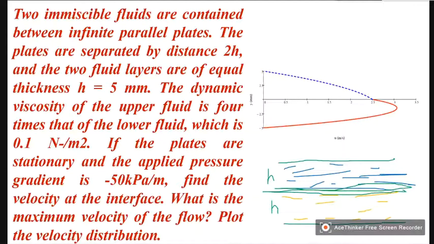So the dynamic viscosity of the upper fluid is 4 times this. So this is having some viscosity. I can call this as mu1. You do one thing. You derive it using mu1 and mu2. Also use rho1 and rho2.